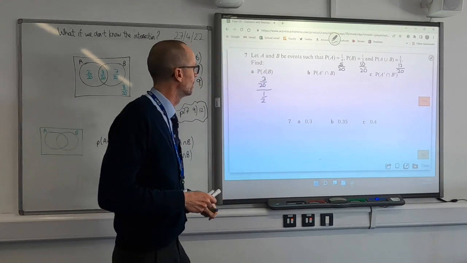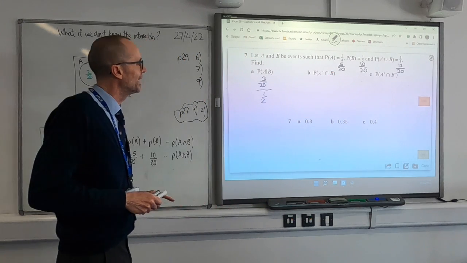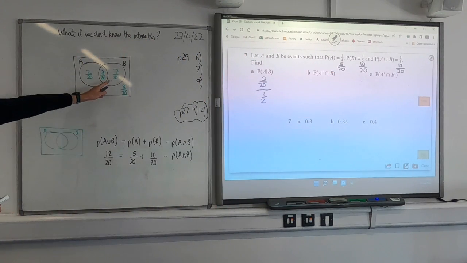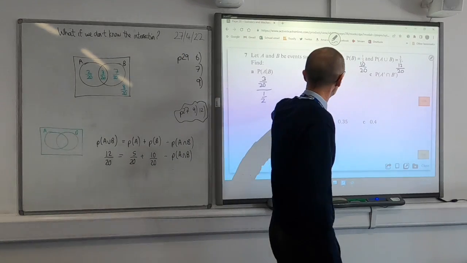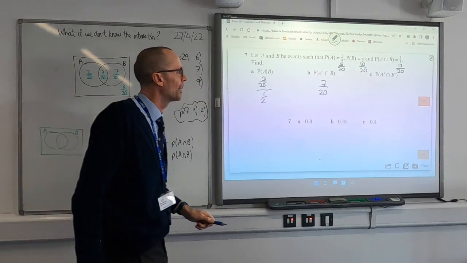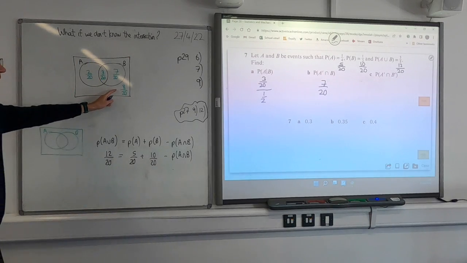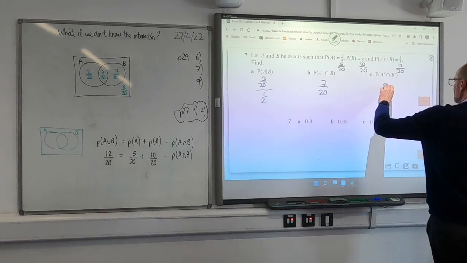Divide that out, you get 0.3. This is the overlap between B and A not happening, so that's 7/20. And this is the overlap between A not happening and B not happening, which is just this bit outside. 8/20ths, which of course becomes 0.4.